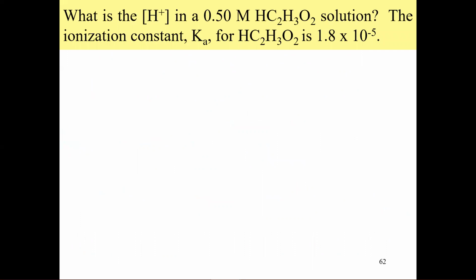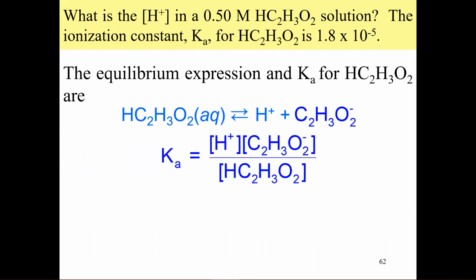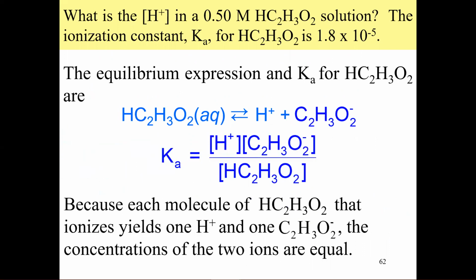What is our H plus concentration in a 0.5 molar acetic acid solution? The ionization constant Ka for that is 1.8 times 10 to the minus 5. You plug those values in there. The concentrations of the two ions are equal here, since each molecule gives one of these and one of that.